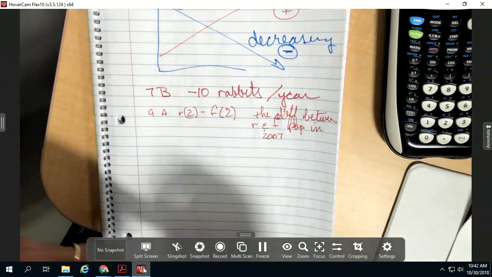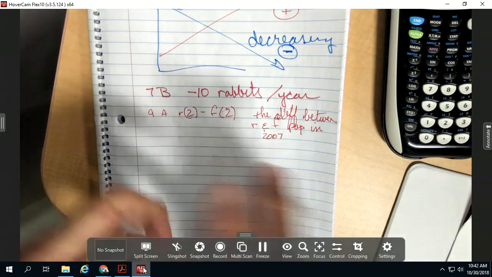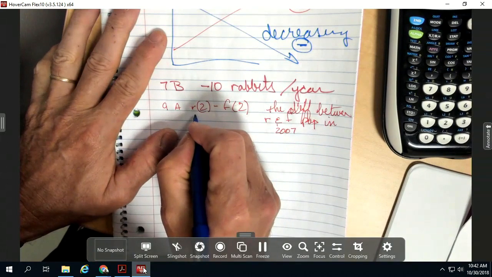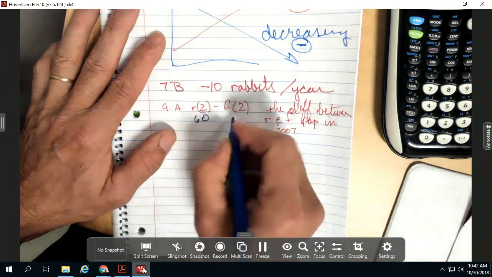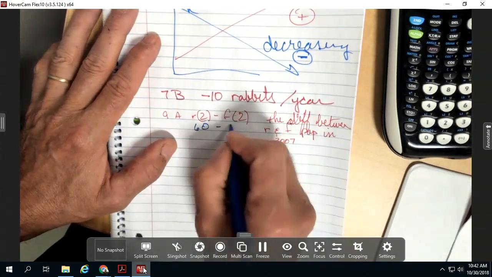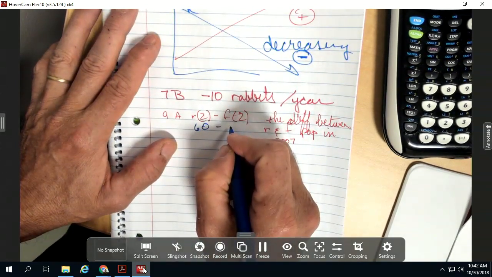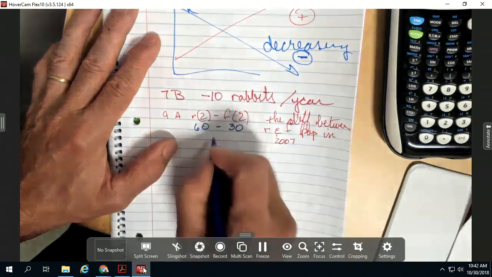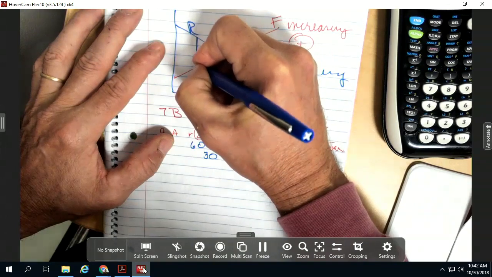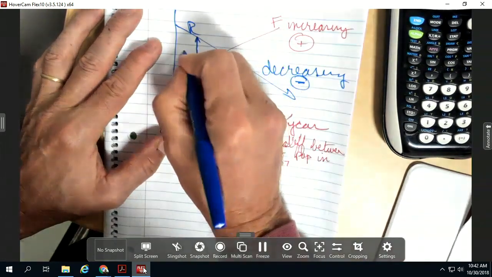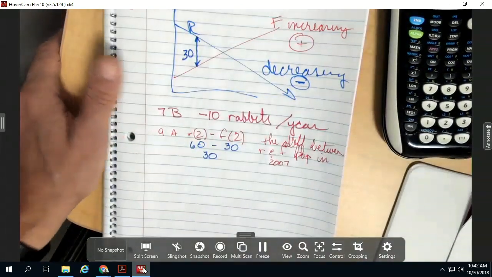What was the answer? Well, how many rabbits were there in year 2? 60. How many foxes were there in year 2? So we would say the difference right here is 30. Okay?